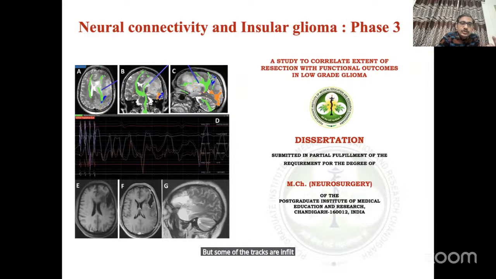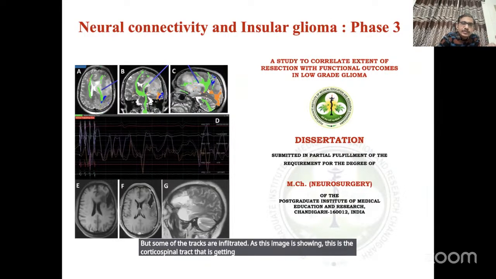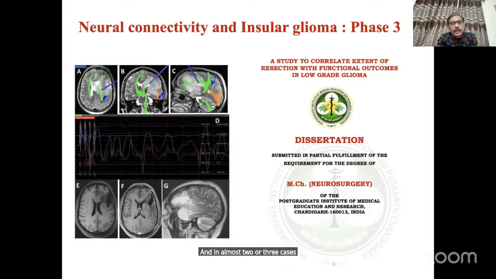As this image is showing, this is the corticospinal tract that is getting infiltrated by a diffuse left insular glioma, and intraoperatively we could elicit a motor response when we entered into the tumor, and intratumoral activity is detected, which is very rare. This is already published in our case series, and in almost 2 or 3 cases out of 100, we found these tracts intratumoral, and we have to be extremely careful.